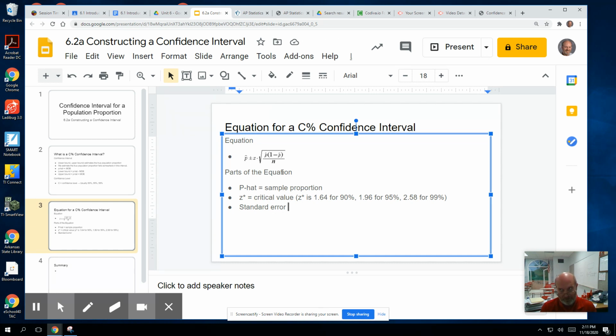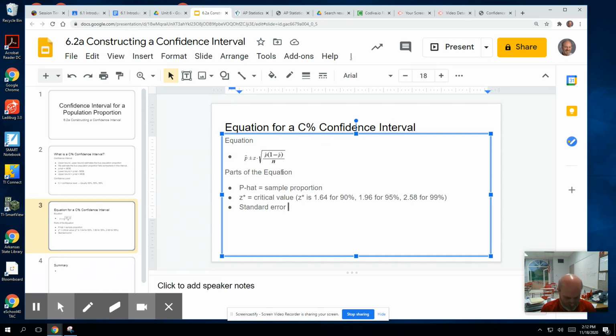It's actually an estimate for the standard deviation of the sampling distribution. But since we don't know the population proportion, we don't know the standard deviation. So we're going to use our sample proportion to estimate the standard deviation of the sampling distribution for the p hats. We're going to use the p hat for that estimate.